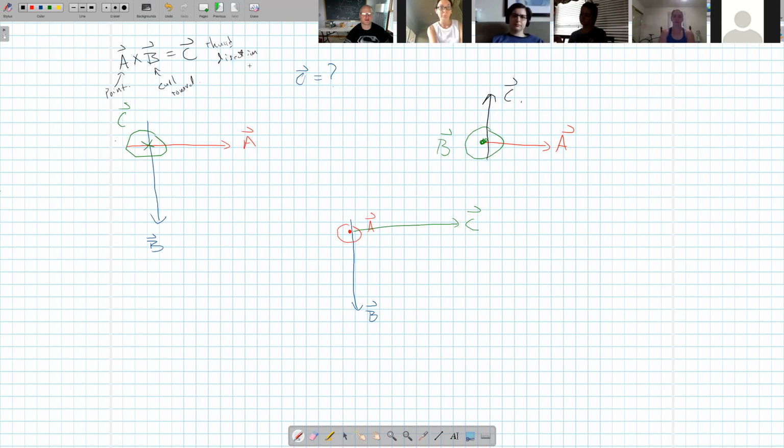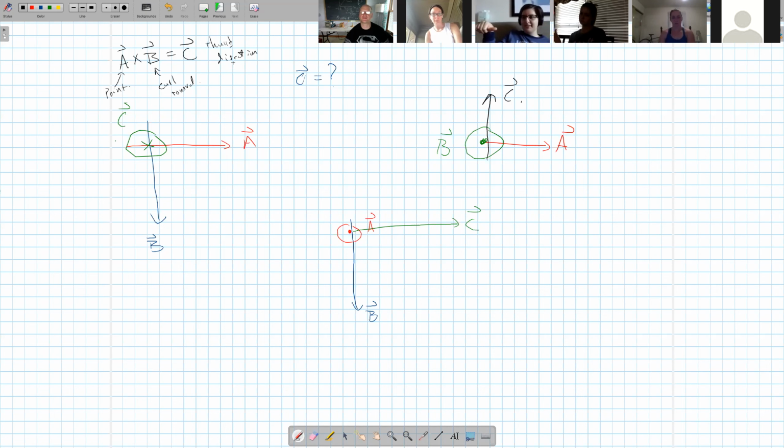Is that okay, Miranda? You feel a little bit better or still the same? Okay, with the first one, you go to the right, so it's like this. And then you curl down and your thumb is going like this. That's right. And I'm confused how that's not to the left. Well, look what your thumb is doing.